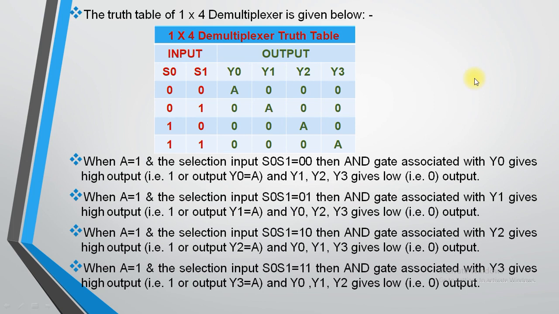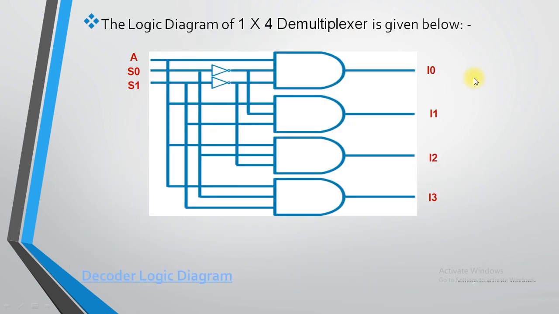Now let me share this slide of the logic diagram of the demultiplexer. See, in the starting of the demultiplexer, I told you that the circuit of the demultiplexer is the same as the decoder, right? Let me share the logic diagram of the decoder over here.